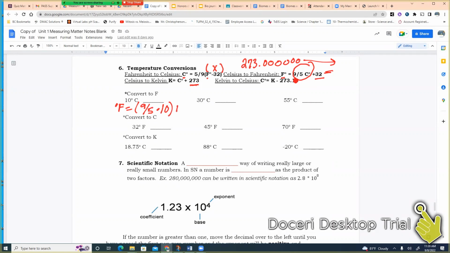And then I need to add my 32. Try that in your calculator and see what you get. That's not a subtraction, that's a multiplication. So hopefully you got 50 degrees Fahrenheit.